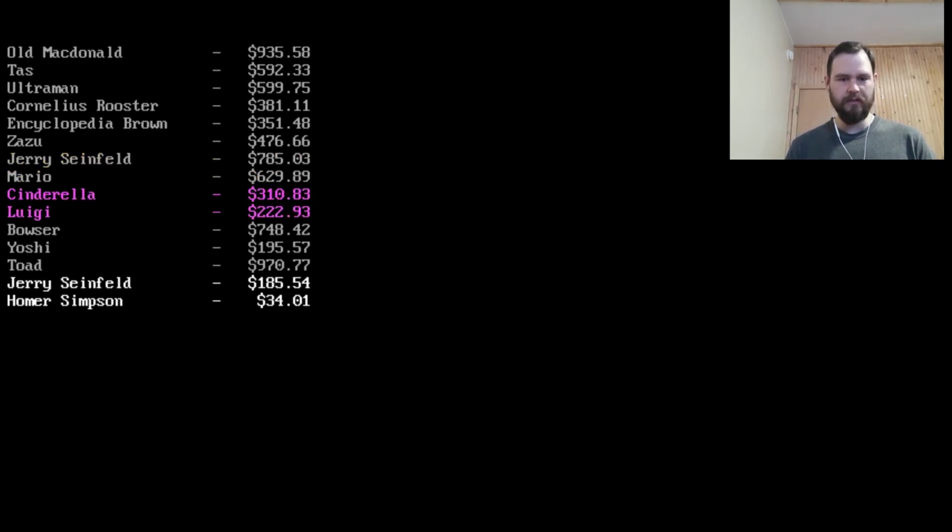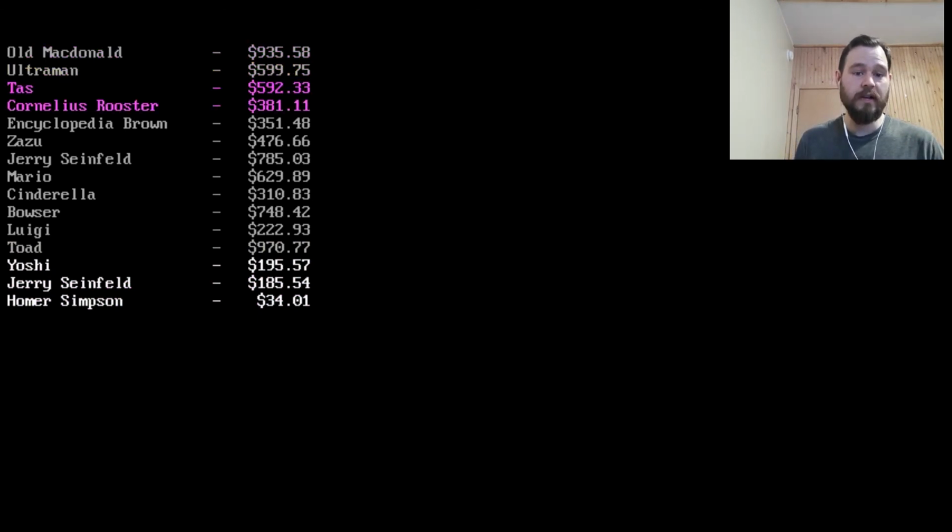And it's going to continue. Oh, Luigi only has $222. Oh, but Yoshi only has $195. So there we go. And we're going to try and compare these guys, but we know that they're in order. And so it continues.